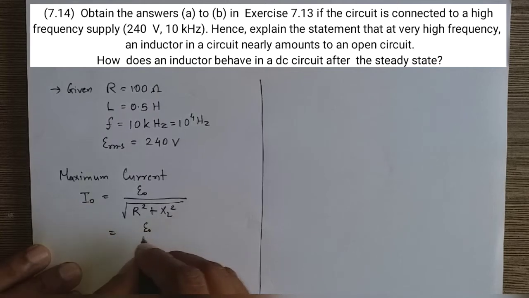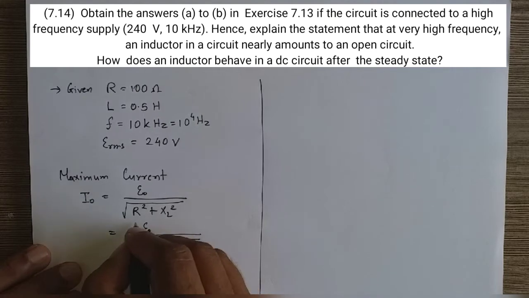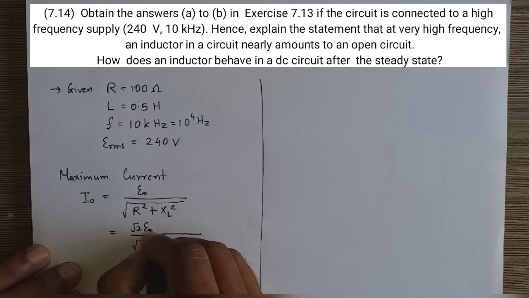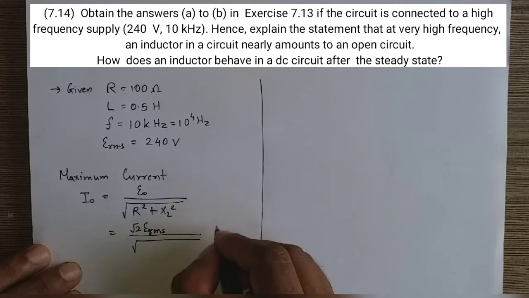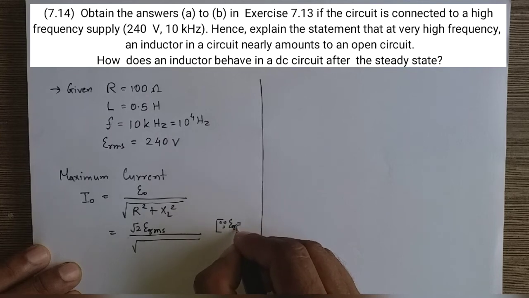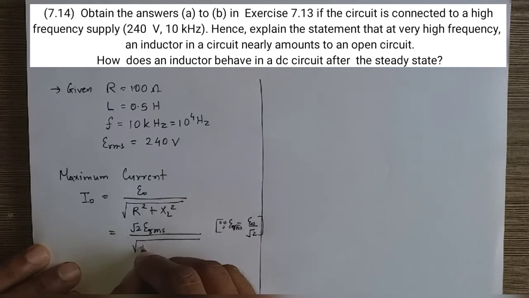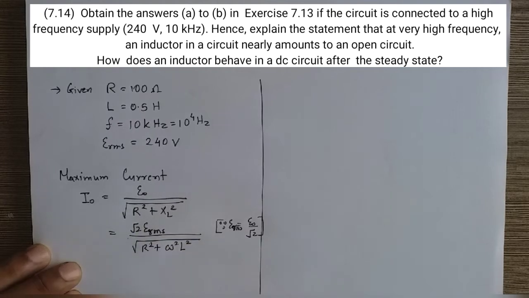We can write epsilon naught in terms of epsilon RMS: since epsilon RMS is equal to epsilon naught by root 2, epsilon naught is equal to root 2 times epsilon RMS. And XL is omega L, so the denominator is root of R square plus omega square L square. Clear?